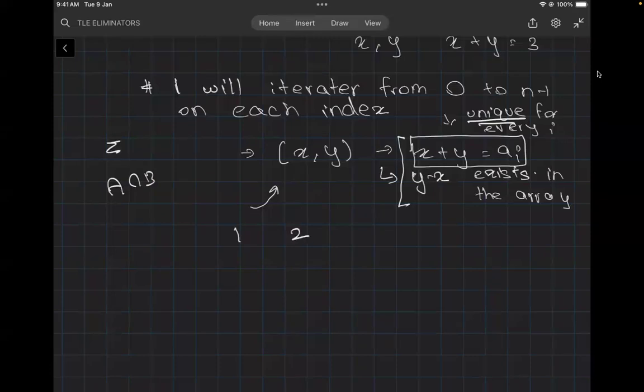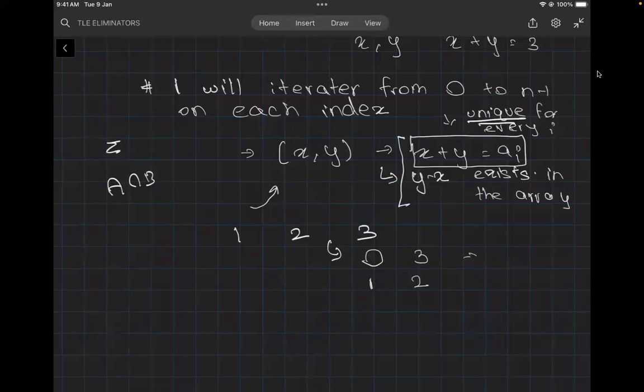Now, since you get this, let's take my array 1, 2, 3. What are the pairs x comma y that I can make? I can make 0, 3. I can make 1, 2. These are the two things that I can make.